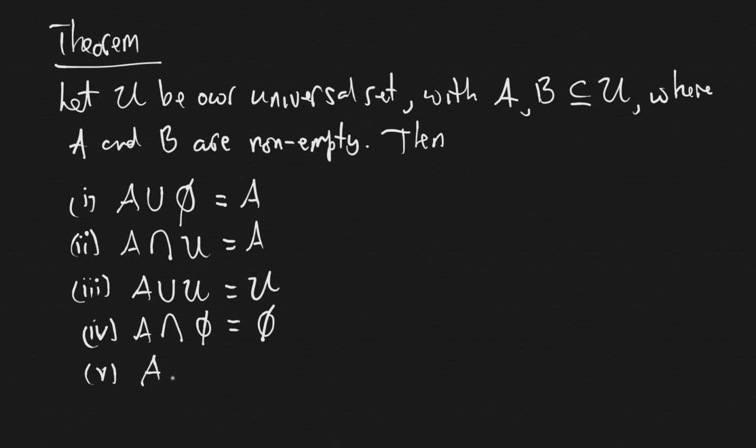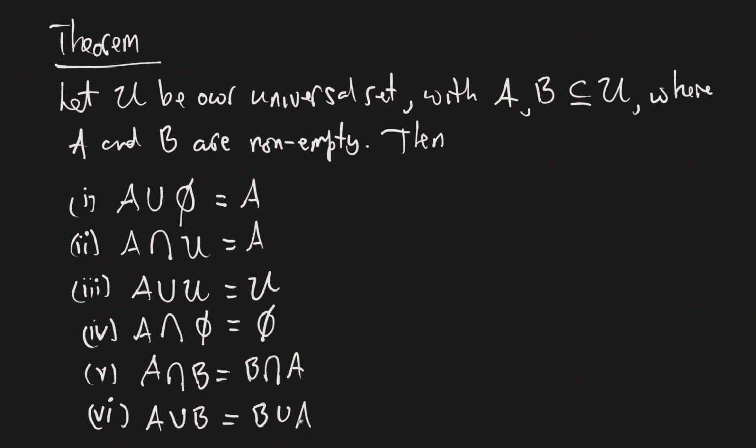So if you have A intersect B, it's the same as B intersect A. And similarly, 6, if you have A union B, that's the same as B union A. So these are the commutative laws or properties of set operations, right?